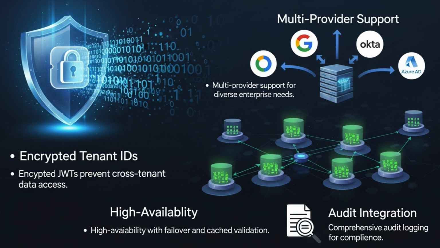Second, high availability authentication is non-negotiable. SSO failures cannot bring down your platform. Implement authentication failover, cached token validation, and graceful degradation to keep your log processing operational even during identity provider outages. Finally, for compliance, every authentication event must generate audit logs. These integrate with your existing log processing pipeline, creating a complete security audit trail that enterprises absolutely require.